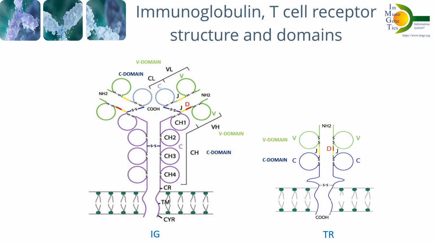On this slide, we have a look at a schematic representation of an immunoglobulin on the left part of the slide, and a schematic representation of a T-cell receptor on the right part of this slide. Each immunoglobulin or antibody consists of 2 heavy chains and 2 light chains.